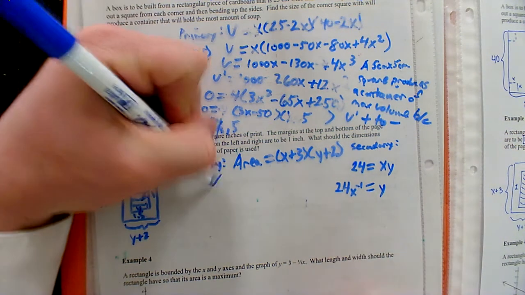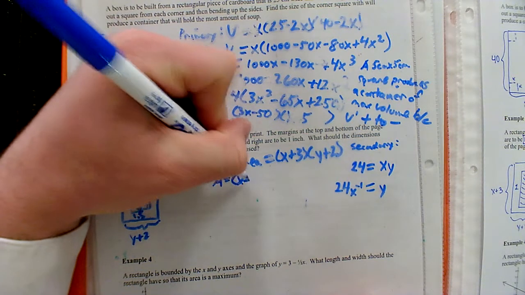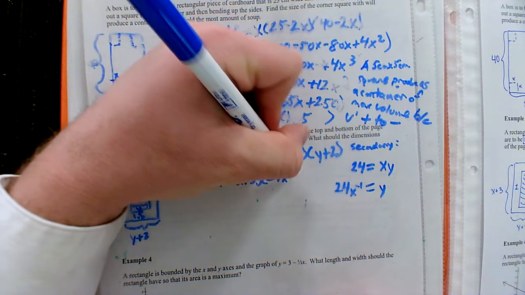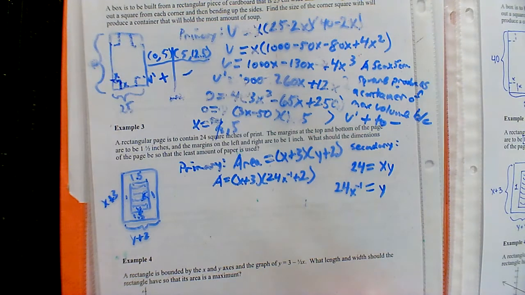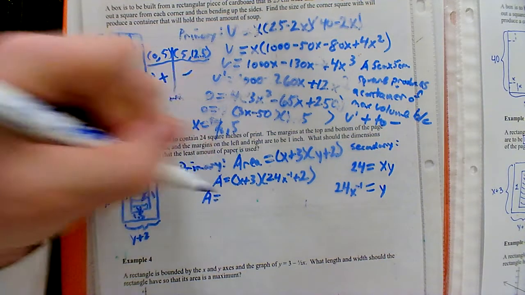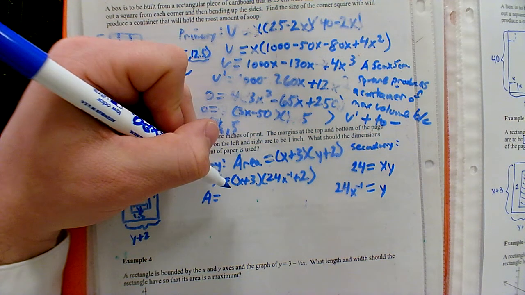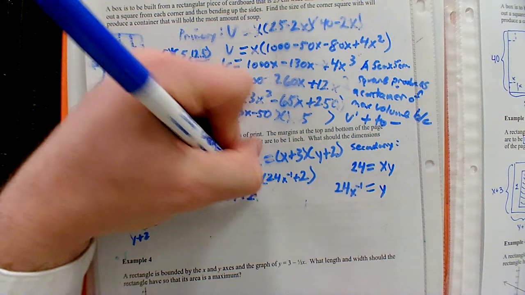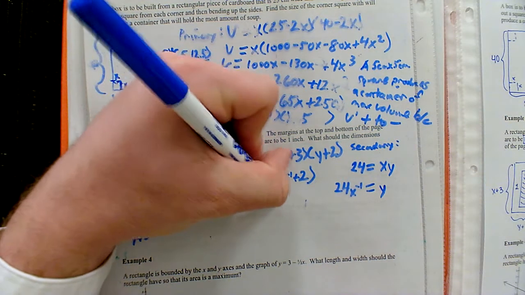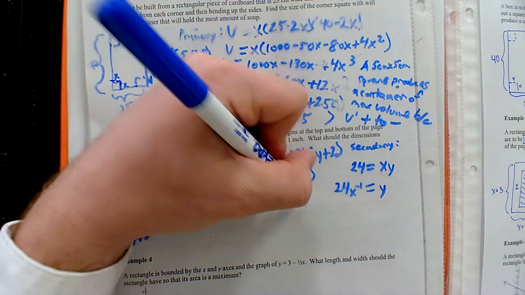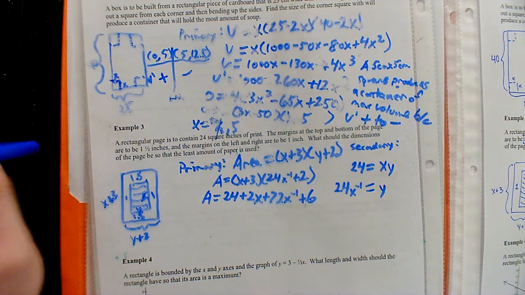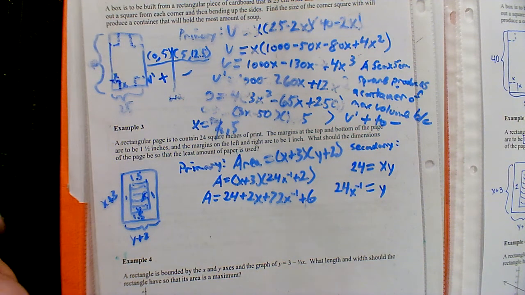So now we're going to have area equals x plus 3 times 24x to the negative first plus 2. And we have to FOIL that. Multiply it out. Area equals 24 plus 2x plus 72x to the negative first plus 6.